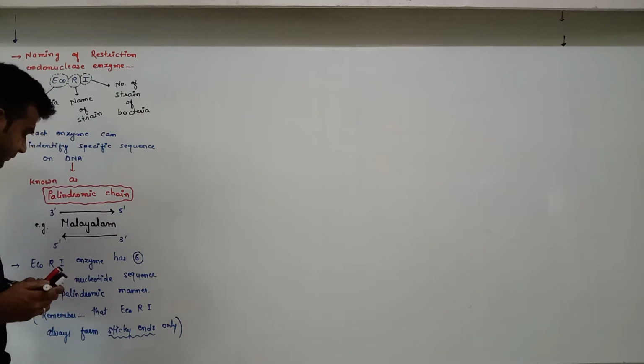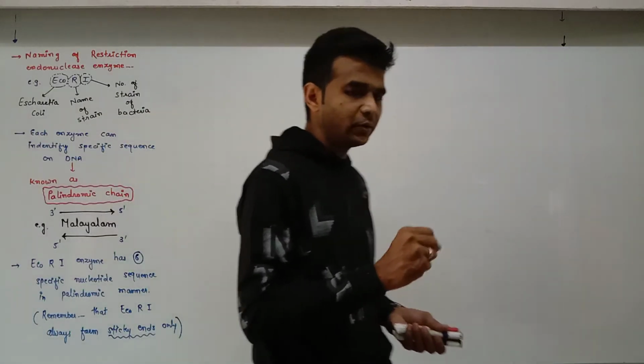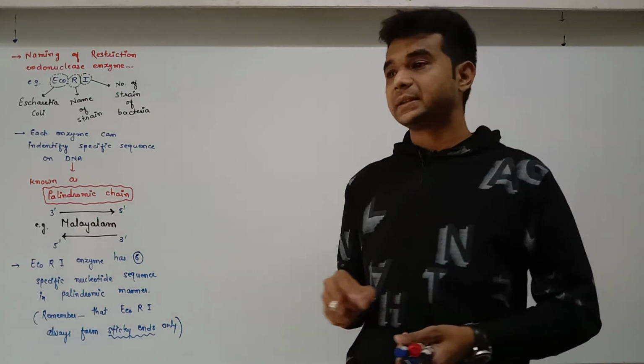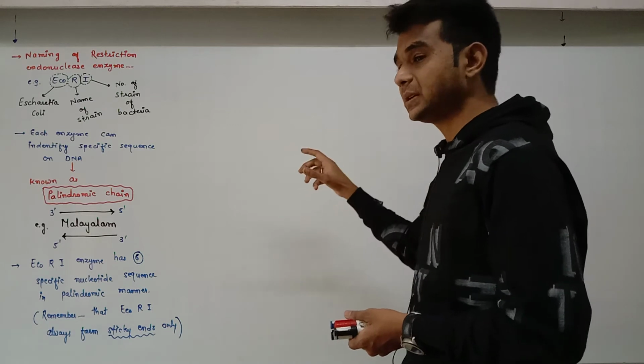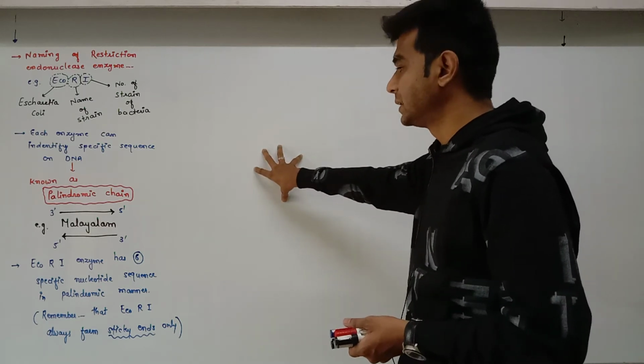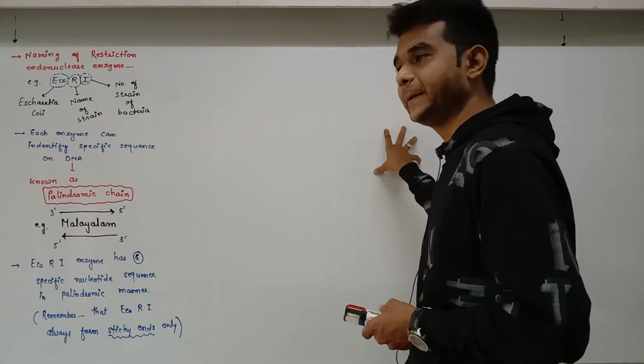Okay, but remember that EcoR1 always produces the sticky end. How? See here, the sticky end diagram is given in the textbook, but I will form the blunt end.